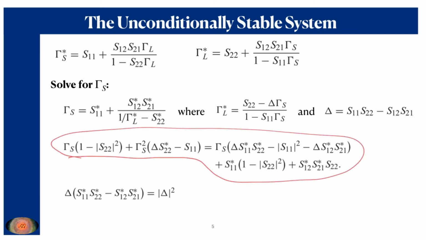And in this expression, obviously, this parameter, that means S11 conjugate times S22 conjugate minus S12 conjugate times S21 conjugate, can be represented as the delta conjugate, because this delta parameter is defined over here as shown. So this delta times this delta conjugate should be written as the magnitude square of delta.